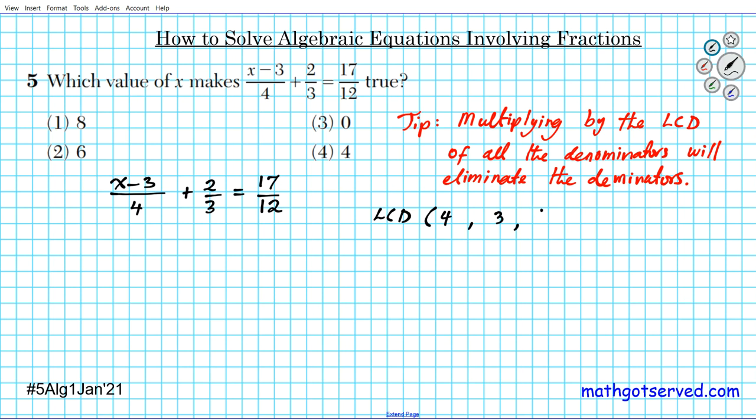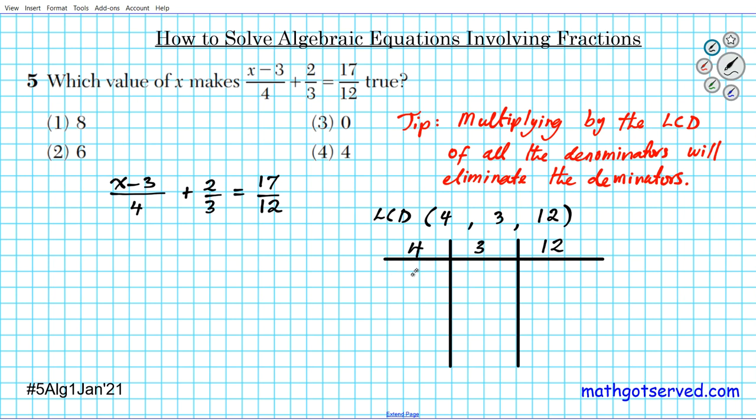I'm just going to use the list of multiples method, and there's another method we normally use called the chart or array method. I'm going to list some multiples of these numbers and look for the smallest number that's common among the multiples of all three. That will be the lowest common denominator.